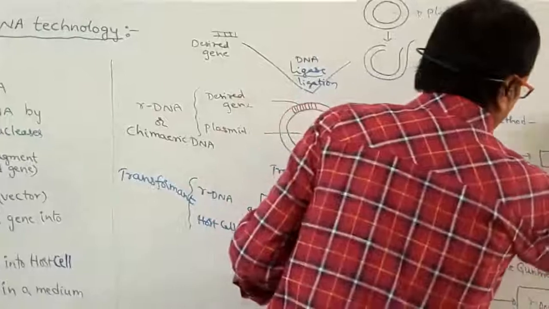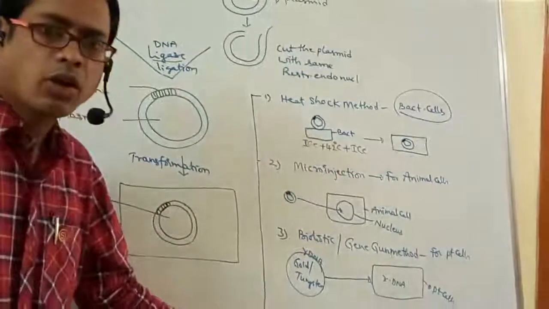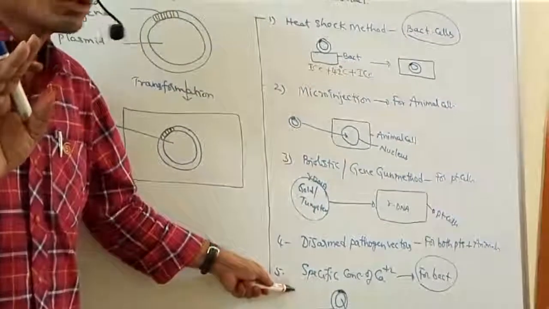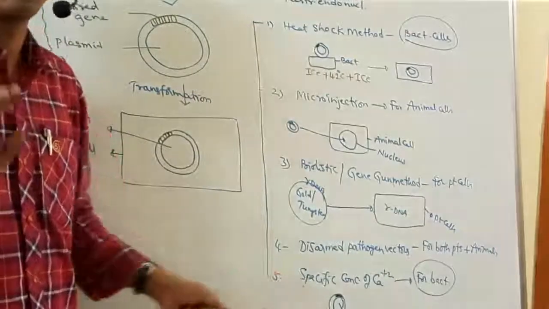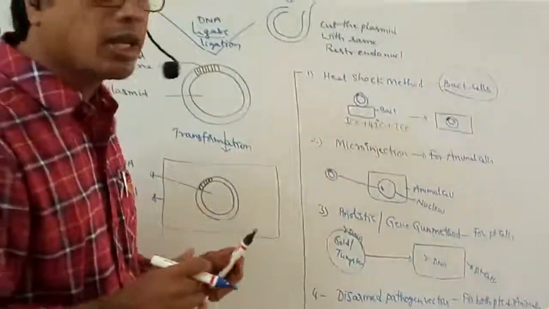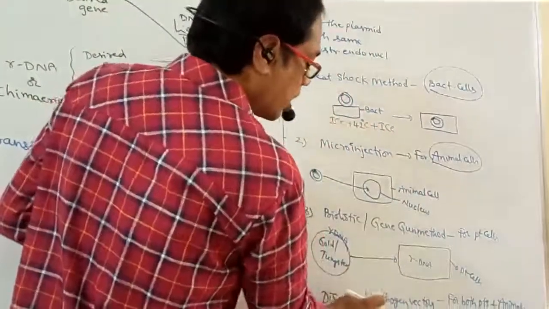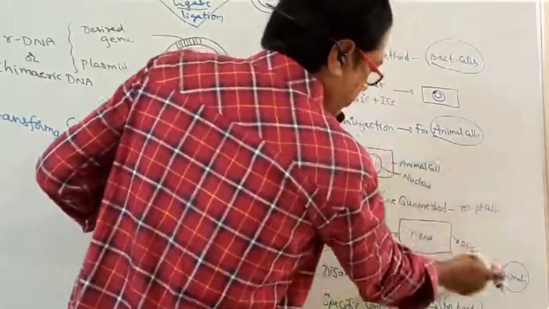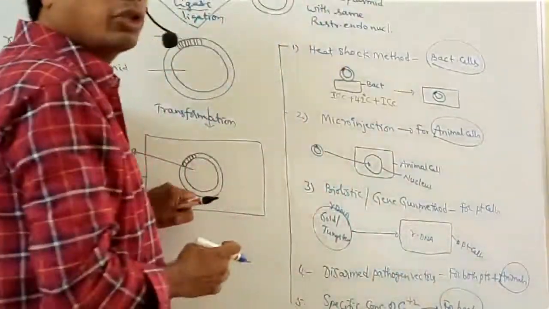If the host cell is bacteria, both heat shock method and specific concentration of calcium are used. For animal cells, we have to use microinjection and disarmed pathogen vectors.